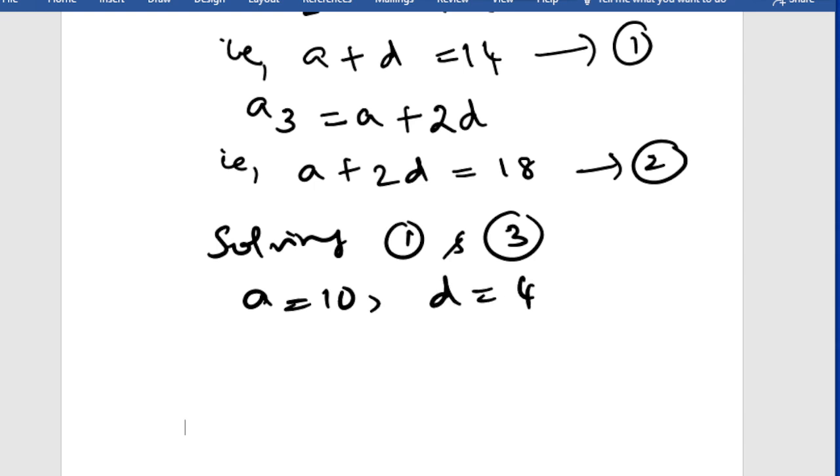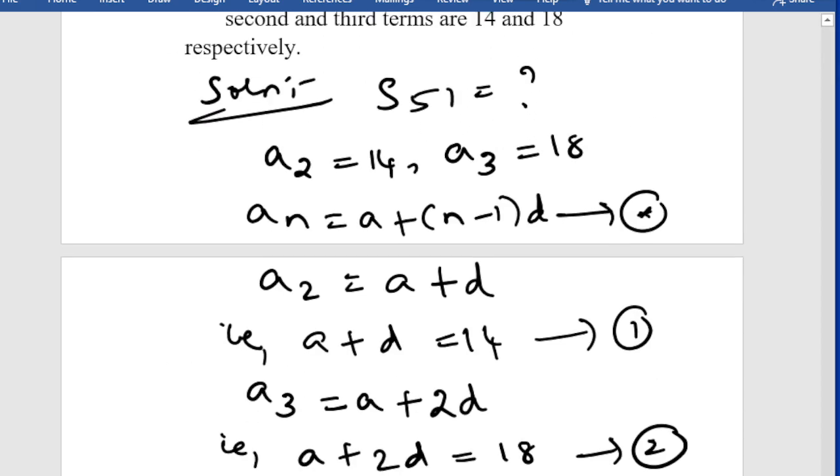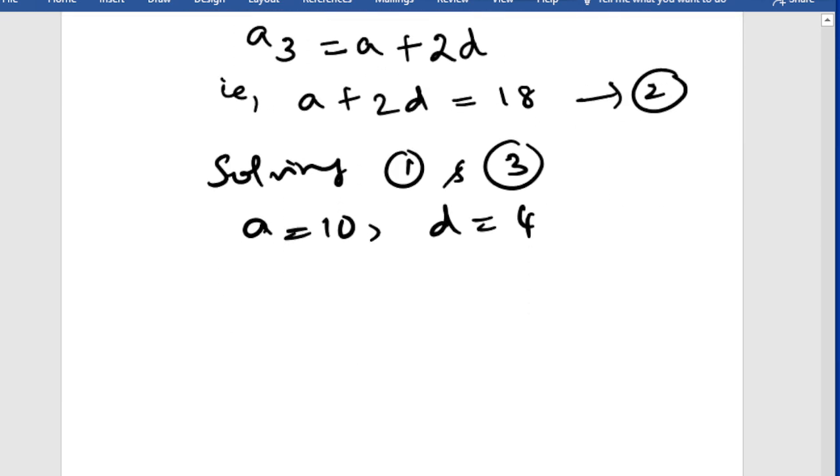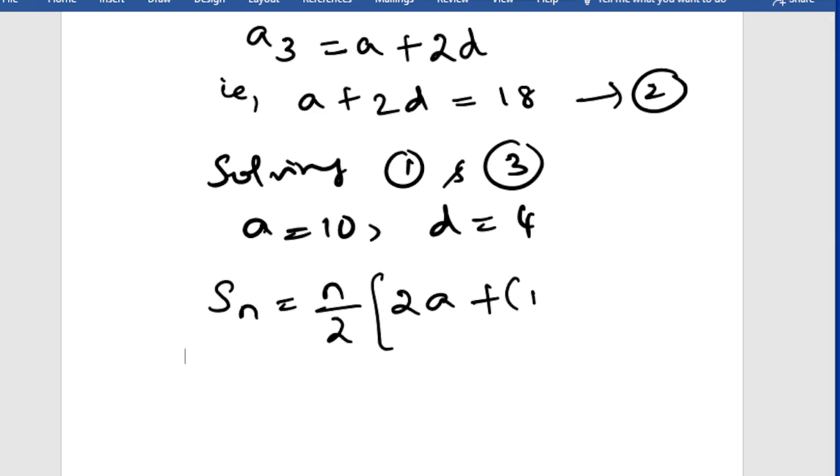So, we know what is a, what is d, and what we need to find? The sum of first 51 terms of an AP, that is S51. So what is the suitable formula? Sn equal to n by 2 into 2a plus n minus 1 into d. We have to find S51, substituting all the values. Here n is 51.